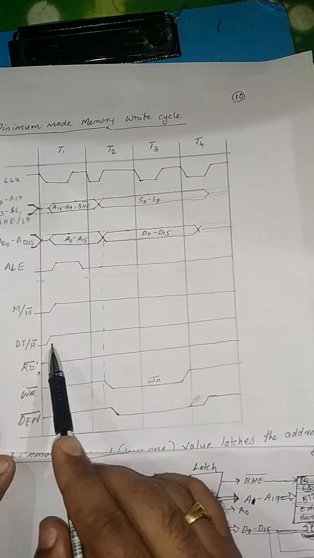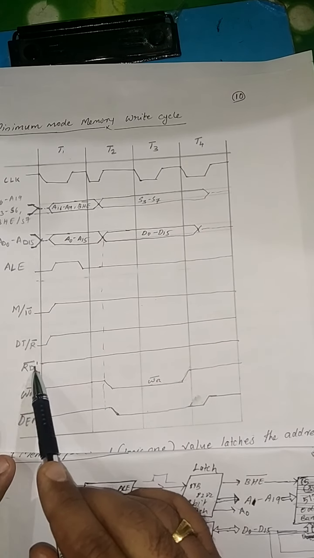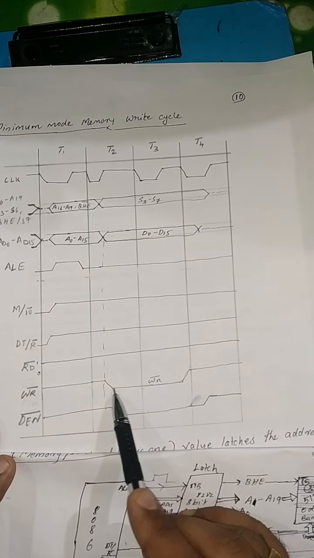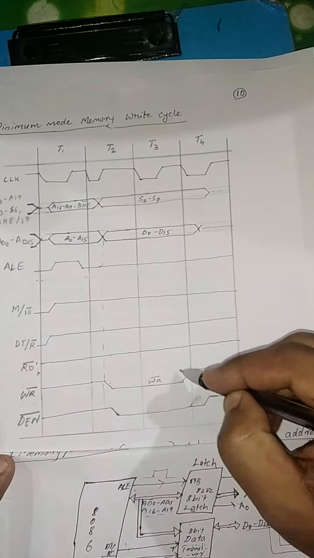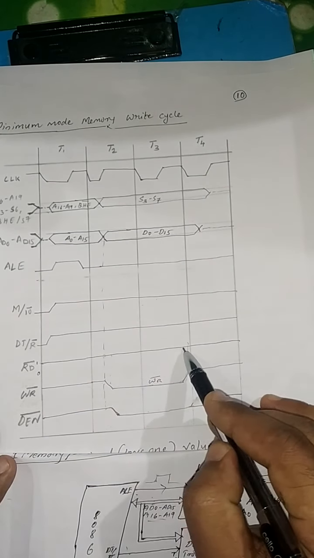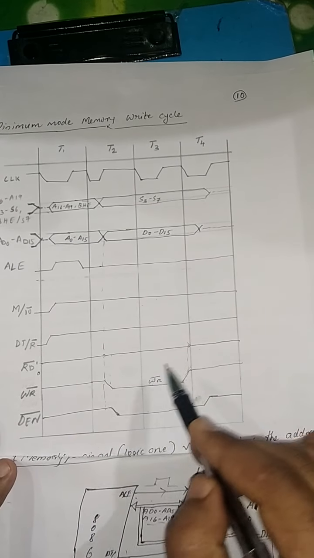So this signal will be low. And as it is a read operation, this read signal also will be low here, because only after locating the address location do we need to make this low. So here it will be low.